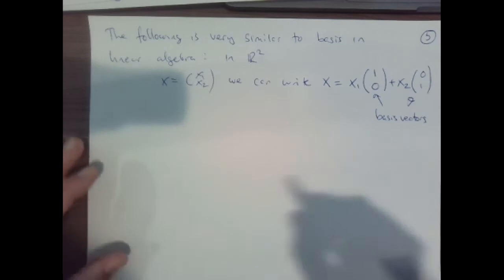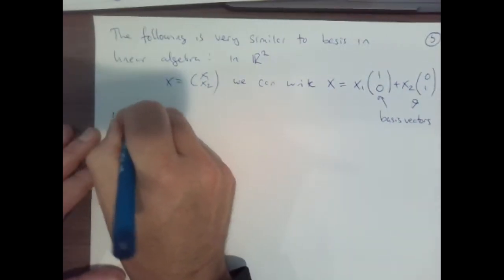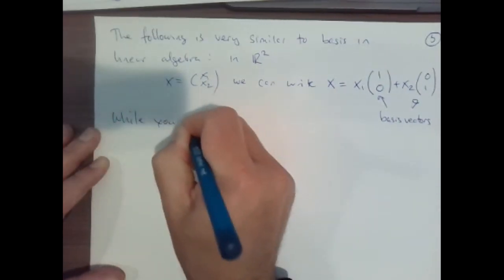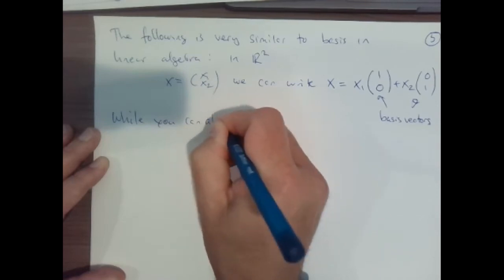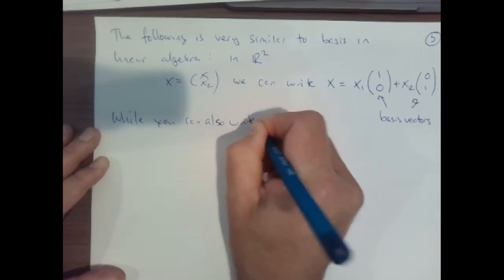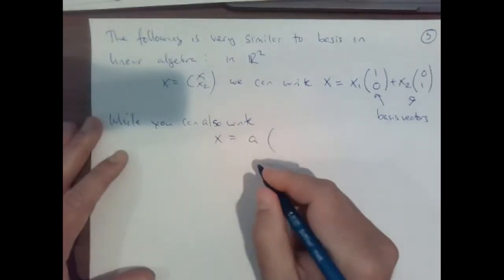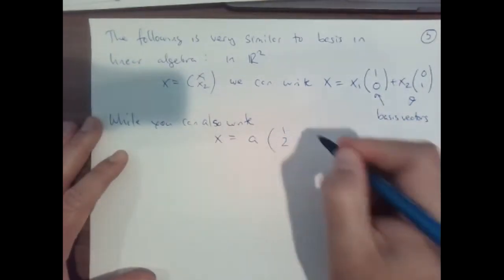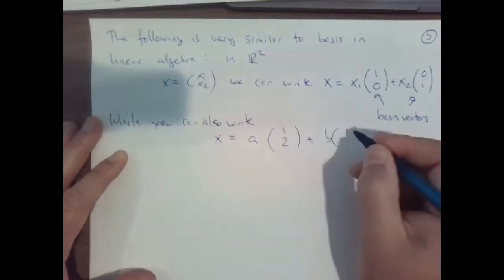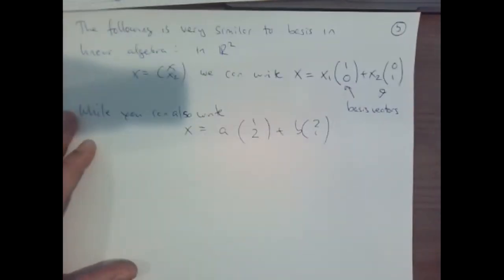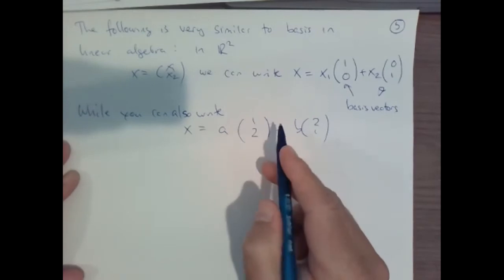While you can also write x as a times 1, 2 plus b times 2, 1, it's harder to get a and b.